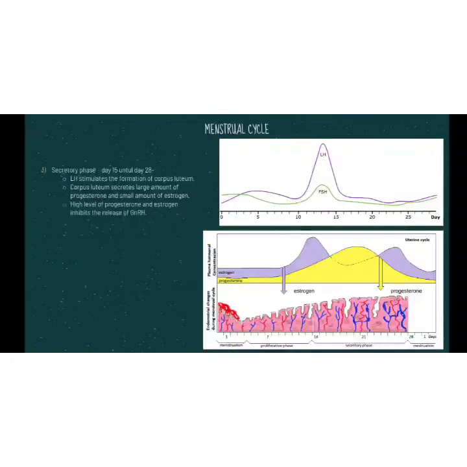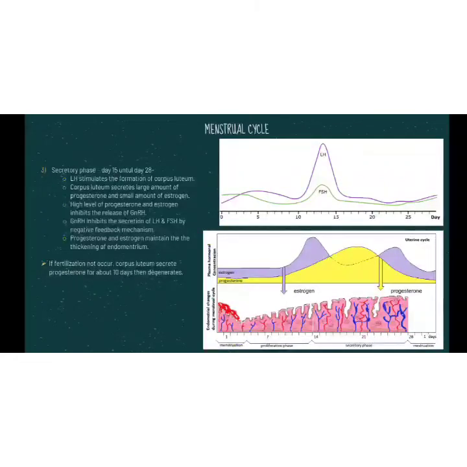High levels of progesterone and estrogen will inhibit the release of GnRH. GnRH inhibits the secretion of LH and FSH by a negative feedback mechanism. Progesterone and estrogen maintain the thickening of the endometrium wall.